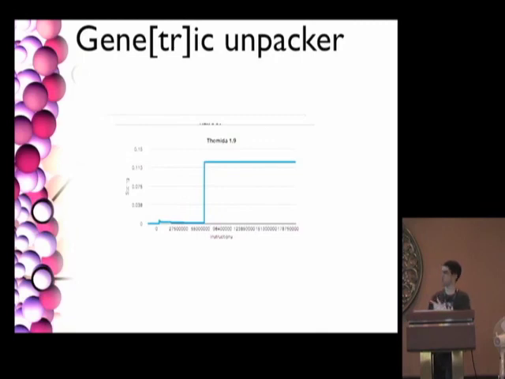So this is UPX. This is, for example, Themida. You can see the process is quite different, but the stabilization is similar. The graphics are not in scale, but if you look at the actual scoring that we give to the amount of compiler-generated code, you will see that for Themida the scoring is quite lower than UPX.